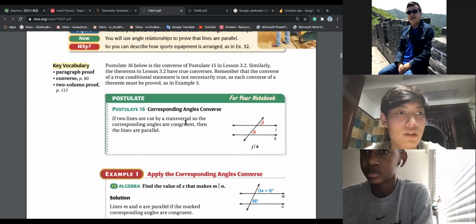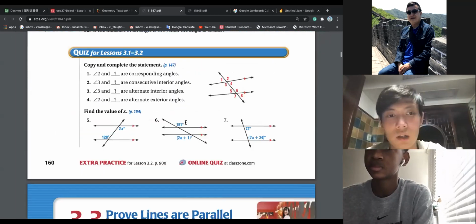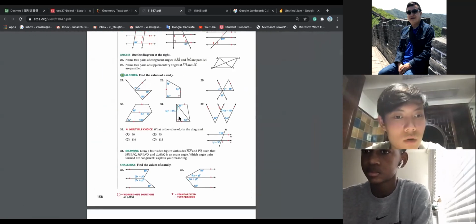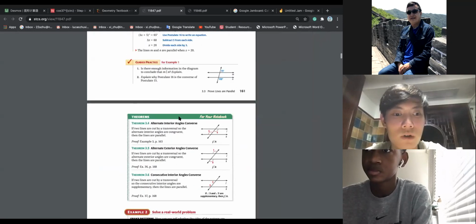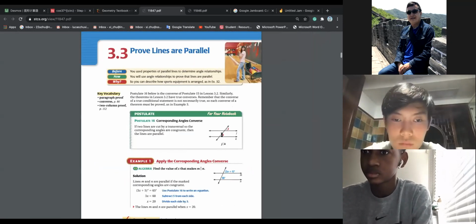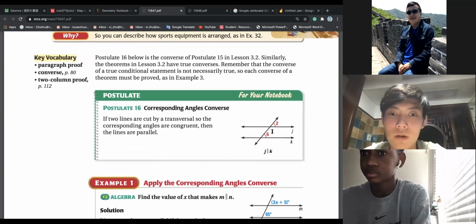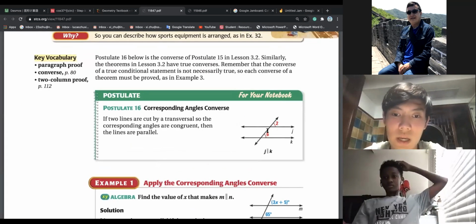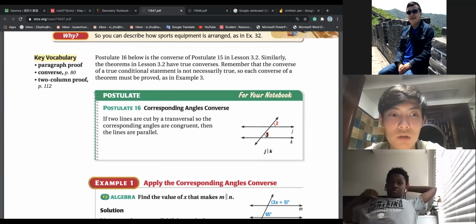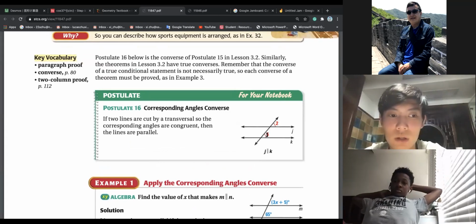So in the last unit, chapter 3.2, we had the theorem of corresponding angles. We are told that if two lines are parallel, the corresponding angles are congruent, right? Yep. Now we are told that corresponding angles are congruent.